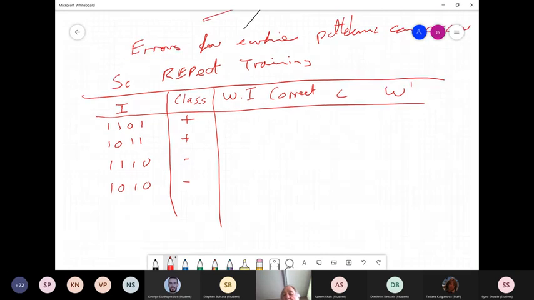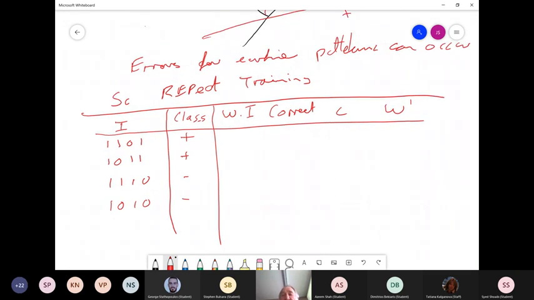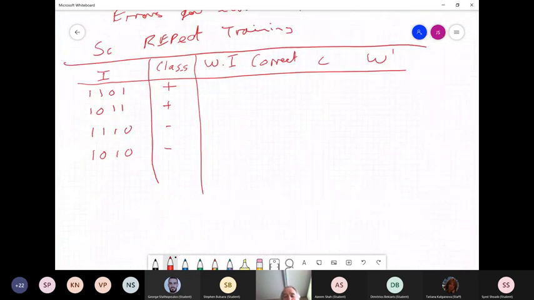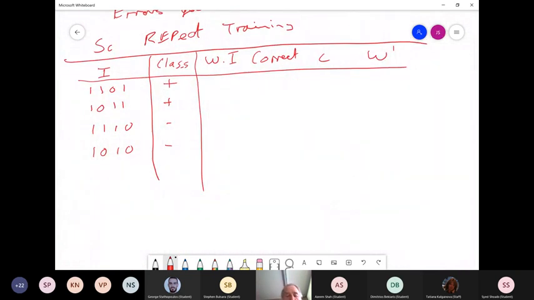We're coming in with the weight vector at the start of the second iteration, W equals 0, 0, minus 1, plus 1. The scalar product of the latest weight vector with the current pattern is going to be 0, 0, 0, plus 1.